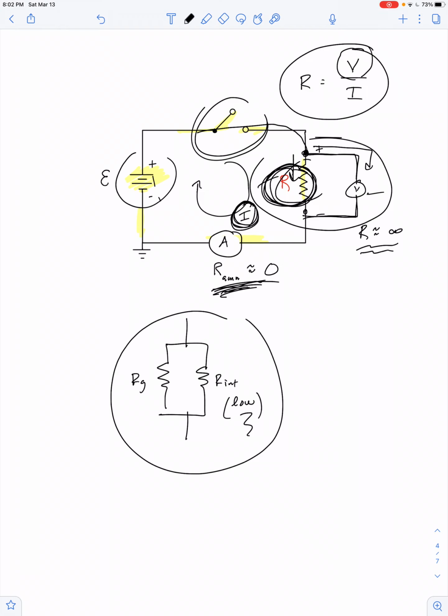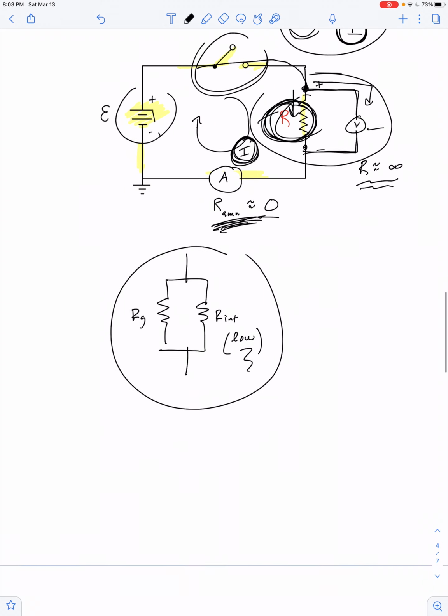And so trying to measure the resistance of an unknown device is never an exact value. There's an inherent error to voltmeters because their resistance isn't actually infinite, and there's an inherent error in any reading given by an ammeter, again, because its resistance isn't actually zero.